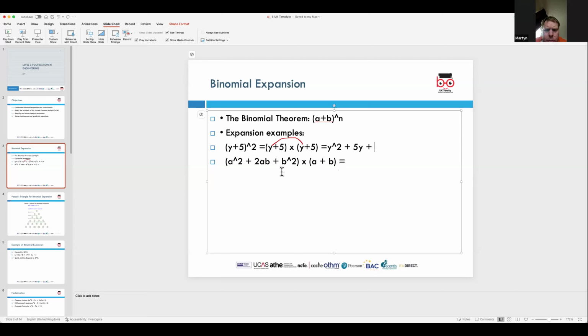Would you then do 5 times y and 5 times 5? Absolutely. So 5 times y would be 5y still, wouldn't it? Correct. And then 5 times 5 would be 5 squared, but we could write that as a number because it's just a number.